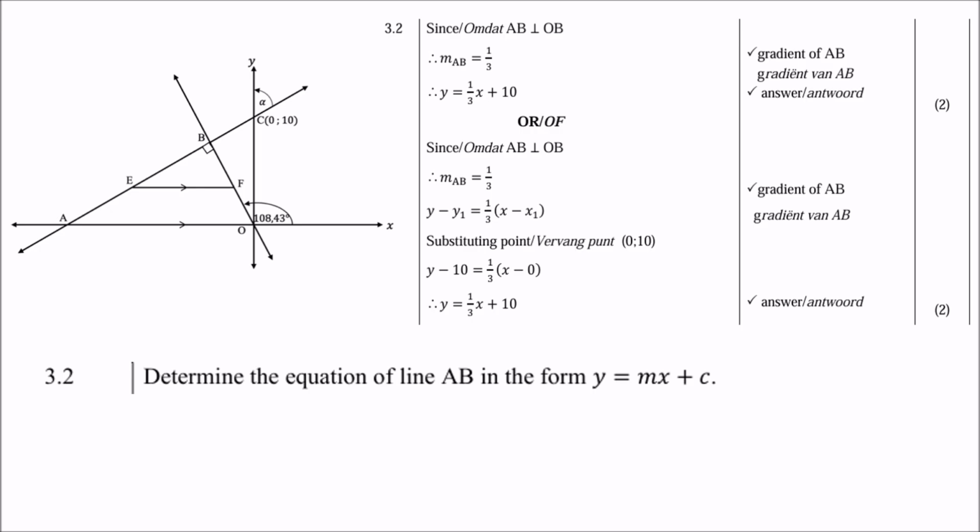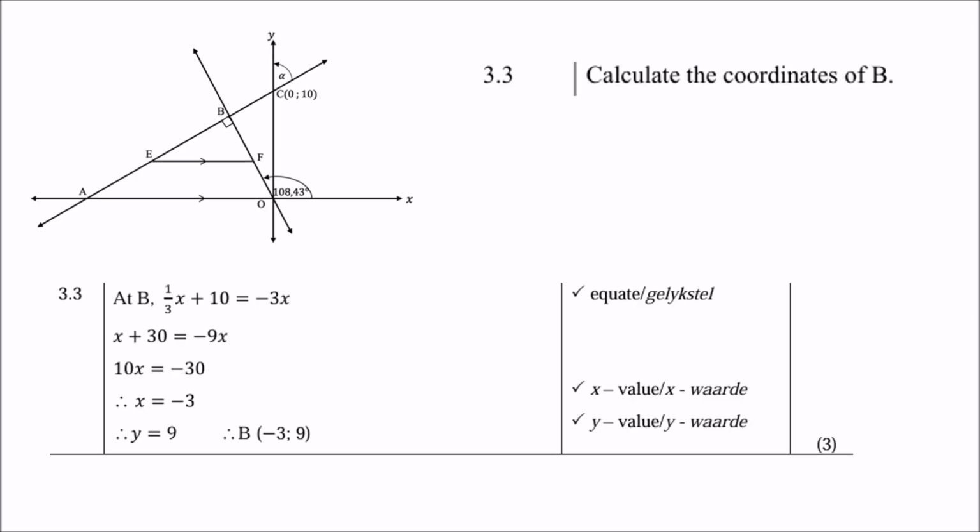Now, question 3.3, calculate the coordinates of point B. Now, if you look at point B, remember we already got the equation of line AB. It is 1/3 x plus 10. Then the equation of OB is also easy to get. Remember, OB already has the gradient as -3, and it runs through 0, so its y-intercept is 0.